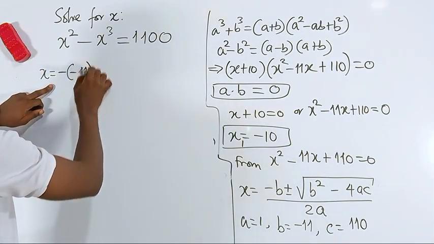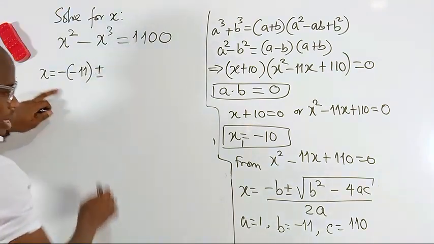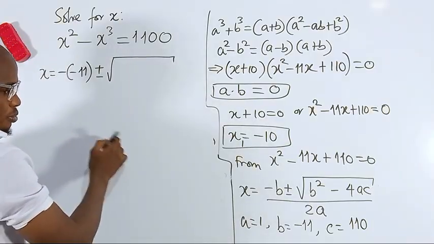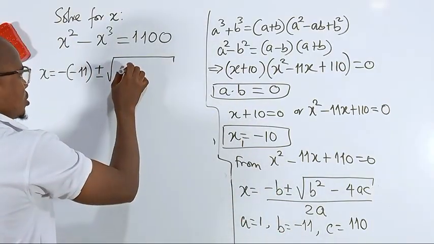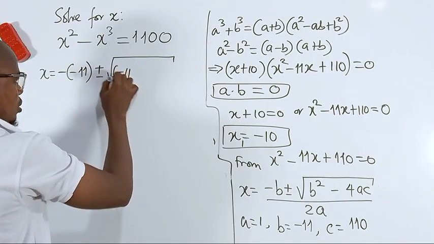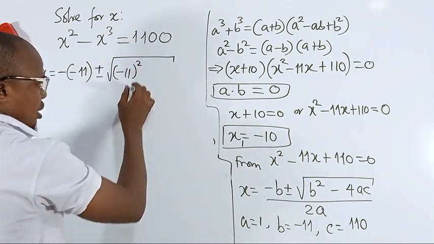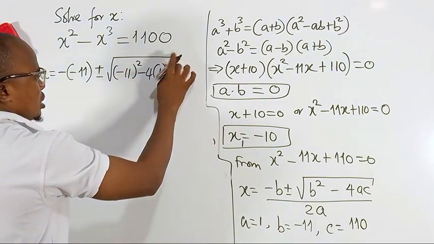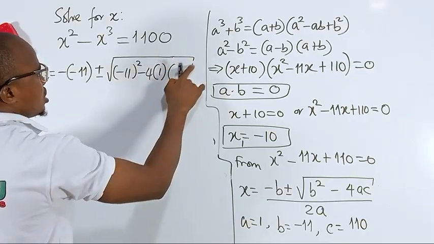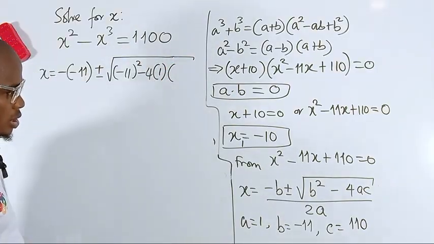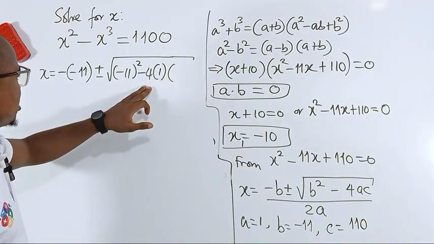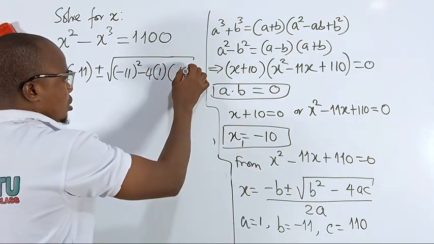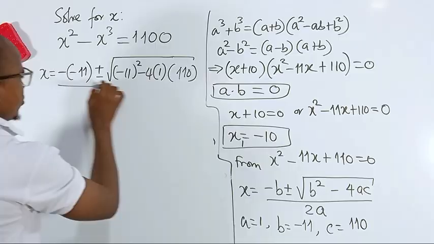We have this, then plus or minus the square root of b squared, 11 squared, then minus 4 times a is 1, and c is 110, all over 2a.